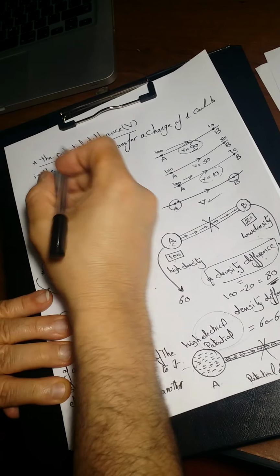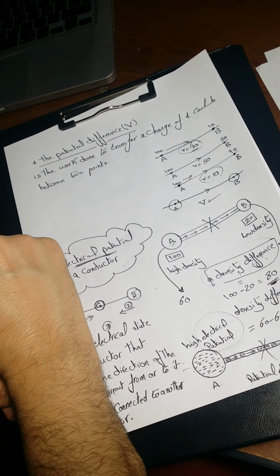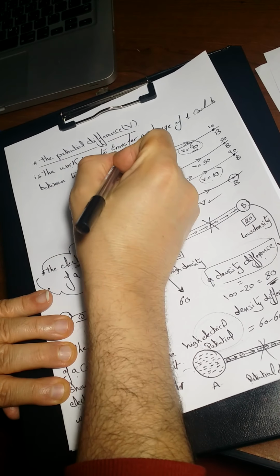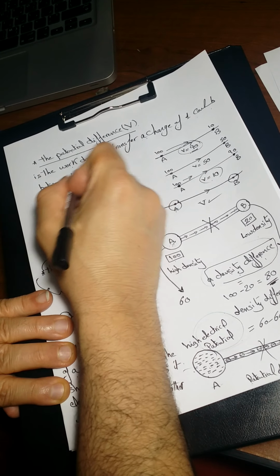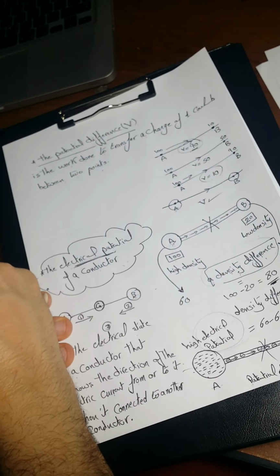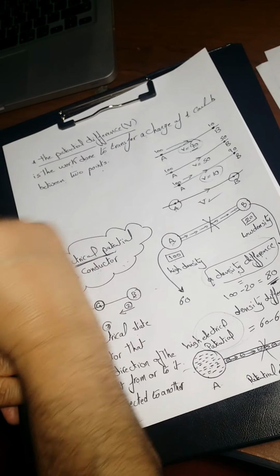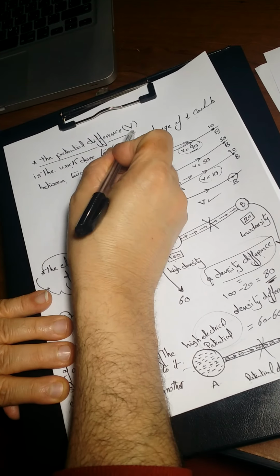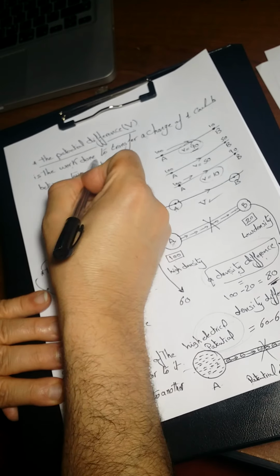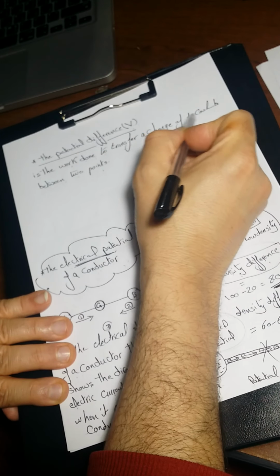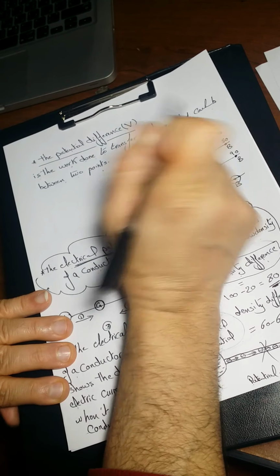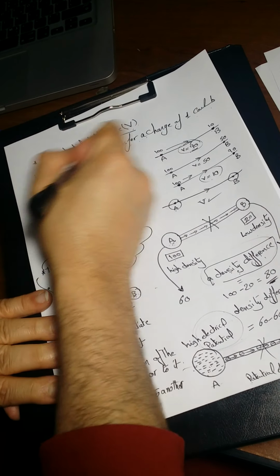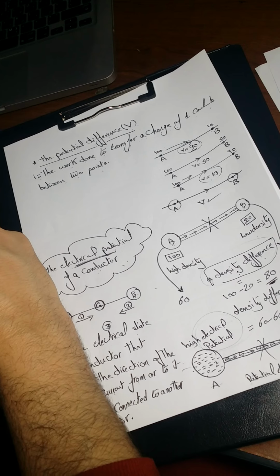It means we judge the potential difference from what? From the work done to transfer a charge of 1 coulomb between 2 points. So again, guys, what is meant by the potential difference? The potential difference is the work done to transfer a charge of 1 coulomb between 2 points. From the definition, we can conclude a law.